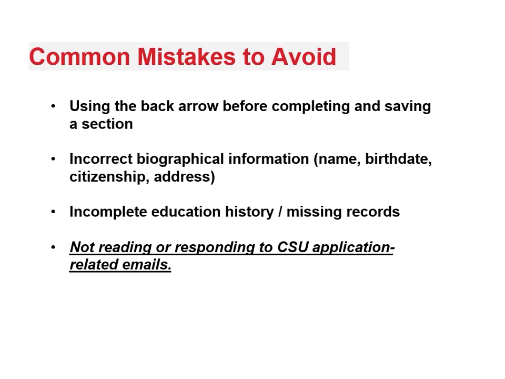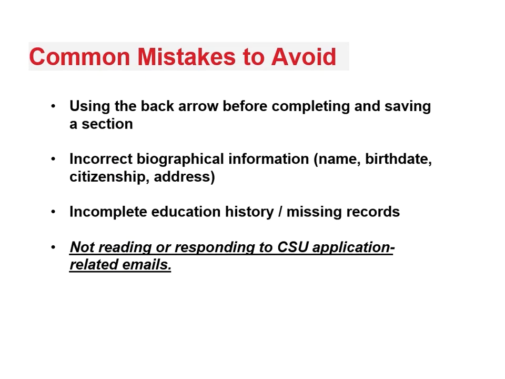Some common mistakes to avoid. Avoid using the back arrow before completing or saving a section. Be sure to avoid incorrect biographical information such as your legal name, birth date, citizenship, address, etc. Incomplete education history or missing records.